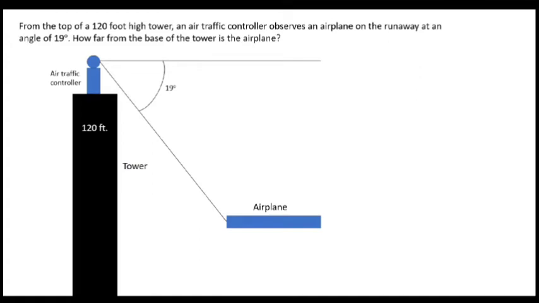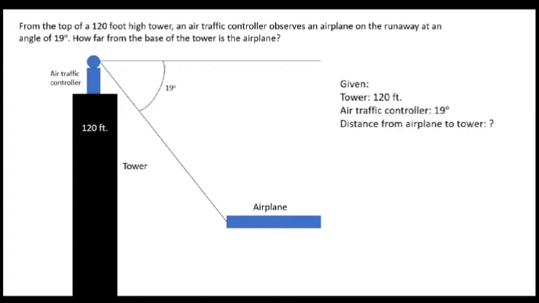Create a diagram again. Then the given values. And the missing is the distance from airplane to tower. The solution is TOA, meaning tangent equals opposite over adjacent. We compute tangent 19 degrees equals 120 feet over x manually.